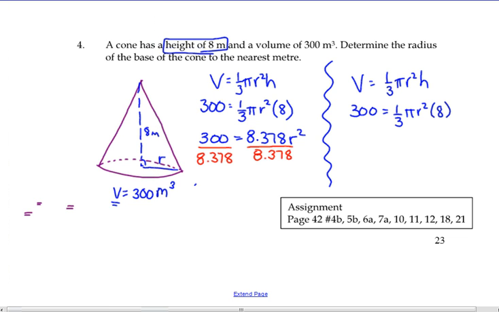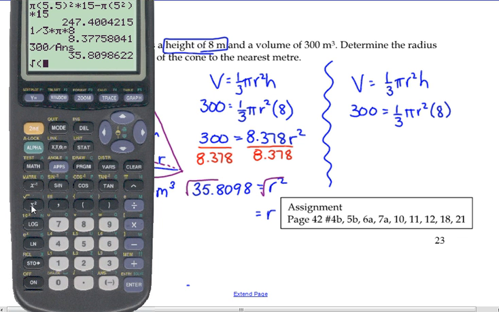Okay, so 35.8098 equals r squared. Now what's the opposite of squaring? Square root both sides to get r by itself. Second x squared will give you square root, second negative to put up the previous answer, so you don't have to type it all in. And there's our answer to the nearest meter.